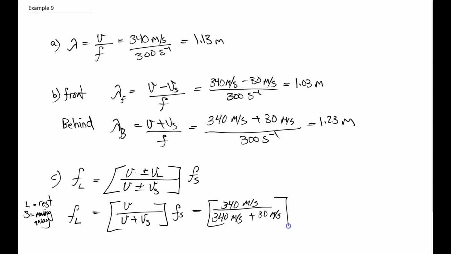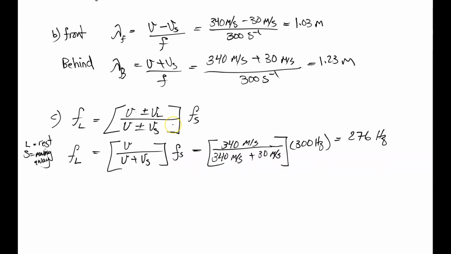So you can see this is going to be a lower frequency times 300 hertz, which will give us 276 hertz. So it's a lower frequency because the source is moving away from the listener. Think of an ambulance coming towards you or going away from you. You'll hear it fainter as it moves away.